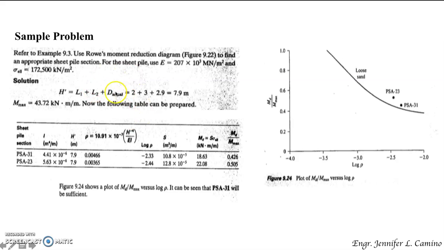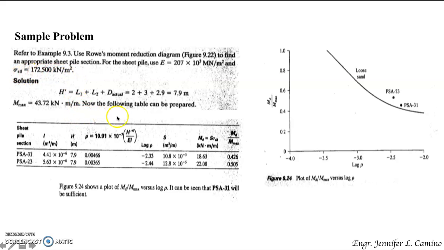So we have here a sample problem. We're going to use the previous example wherein we have computed our maximum moment, which is 43.72 kilonewton meter per meter. And we're given for this example E, which is equal to this, and allowable pressure is equal to this value.